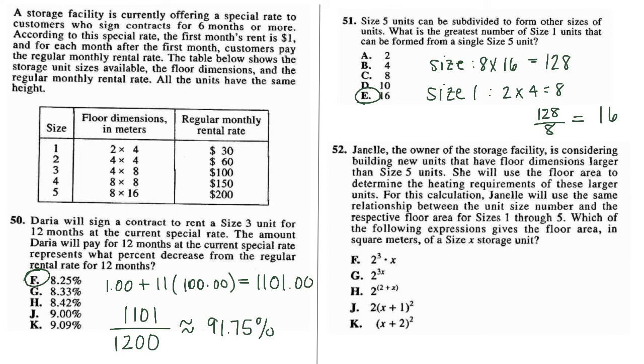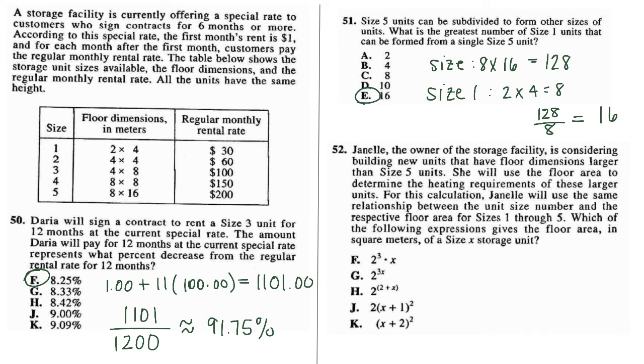She will use the floor area to determine the heating requirements of these larger units. For this calculation, Janelle will use the relationship between the unit size number and the respective floor area for size 1 through 5. Which of the following expressions gives the floor area in square meters of size X storage?